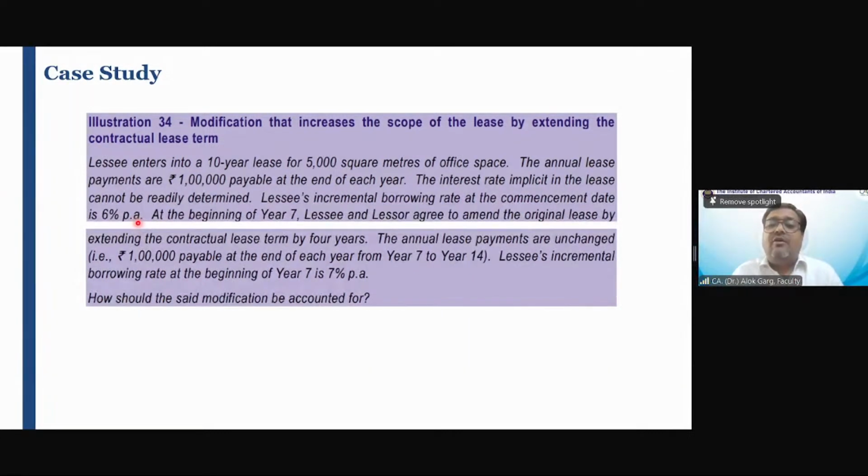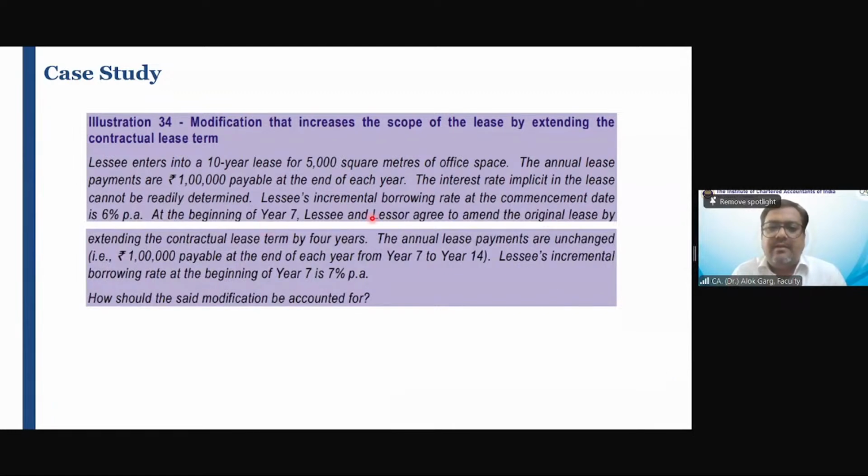At the beginning of year 7, after 6 years, lessee and lessor agree to amend the original lease by extending the contractual lease term by 4 years. At the beginning of year 7 means at the end of year 6. How many years are remaining at the end of year 6 or beginning of year 7? 4 years.